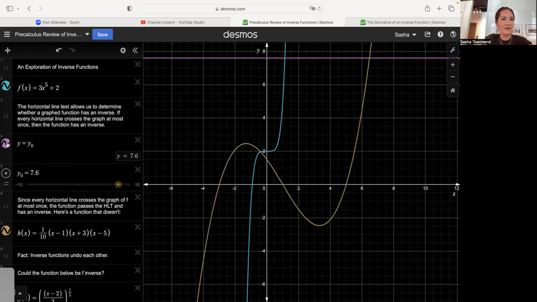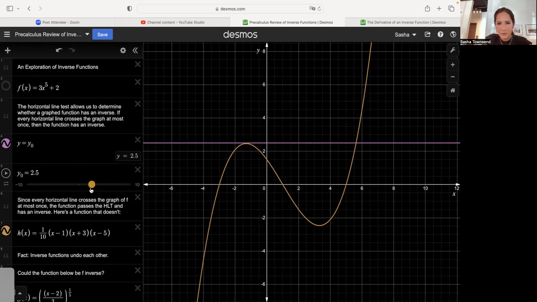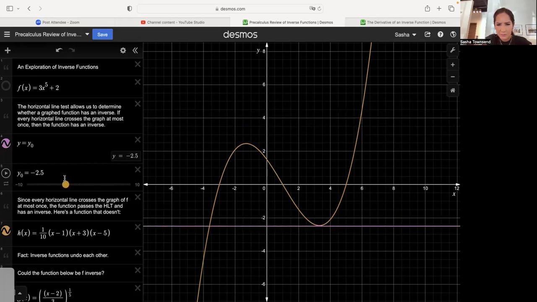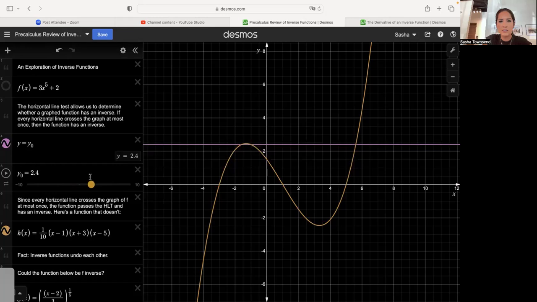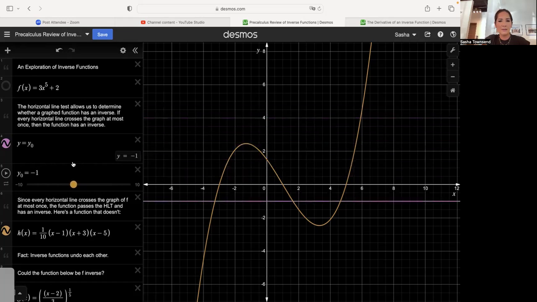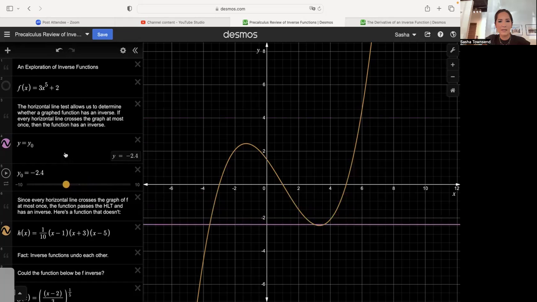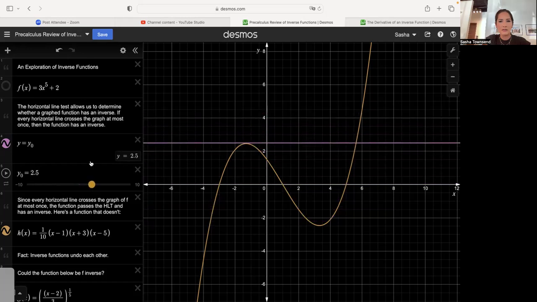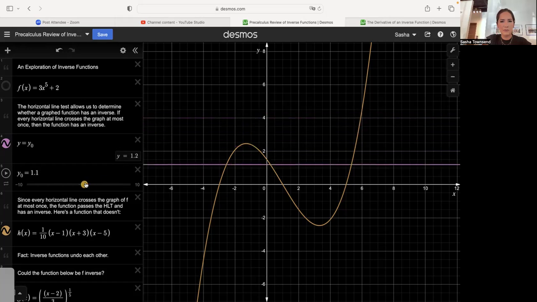Here's an example of one that doesn't have an inverse. If I move this horizontal line to the interval between about negative 2.5 and positive 2.5, according to the Desmos calculator for the equation of that line, look, my horizontal line crosses the graph more than once.